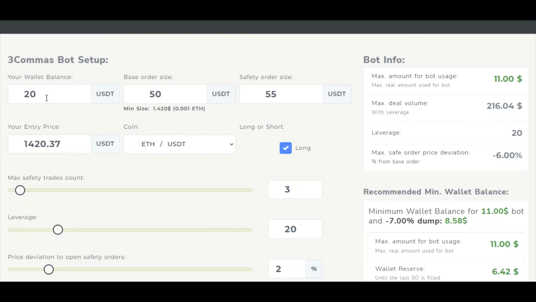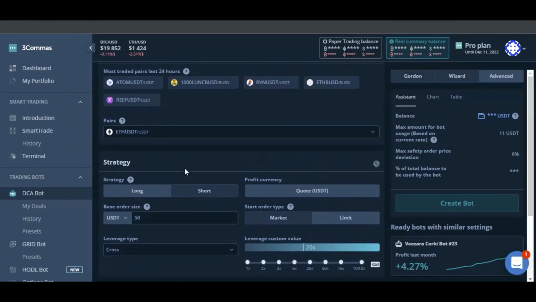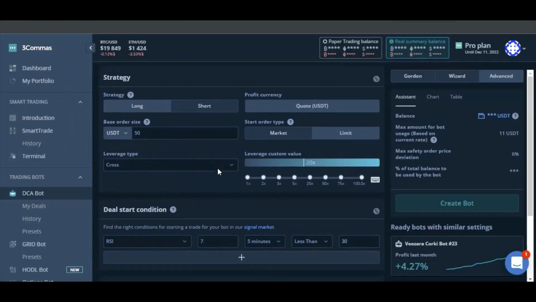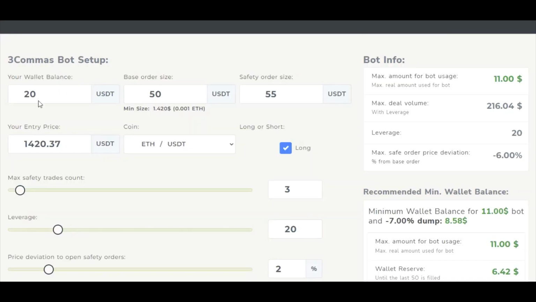So I have put everything here. My wallet balance $20. This is without leverage. So as I explained to you, I'm going to set up a DCA bot for $20. So I put $20 here, and the base order I put 50 and 55. I will show you exactly what I put in the setup: base order 50 and the safety order is 55. The same thing I have put here, 50 and 55.